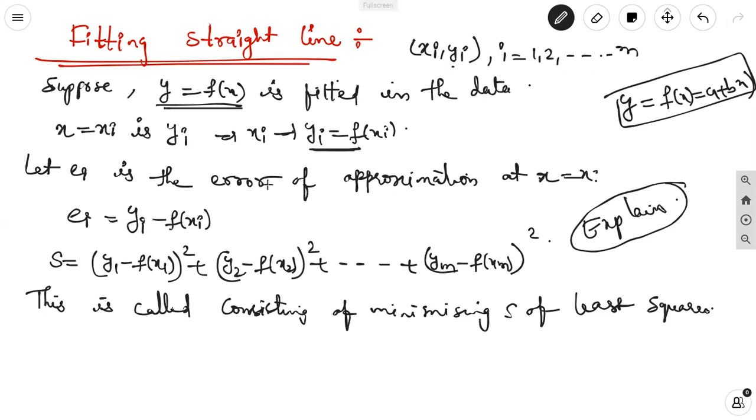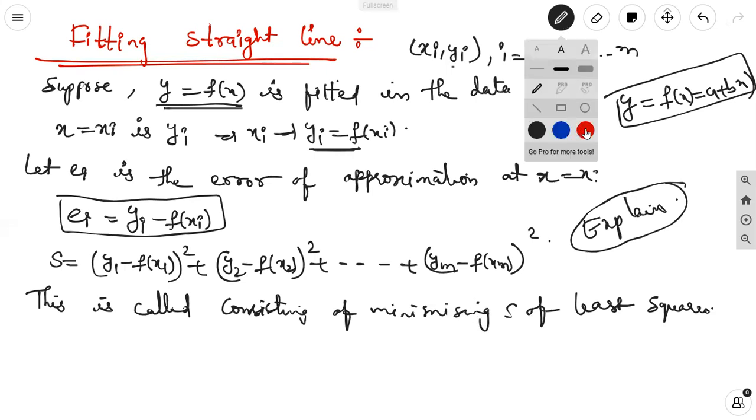There is some error of approximation. That error value is ei equal to yi minus f of xi. The sum of all the squared errors is S, the sum of yi minus f of xi whole square. This is called the least squares, consisting of minimizing S.